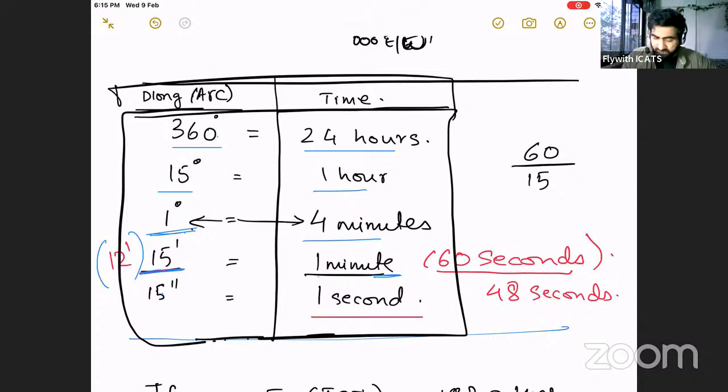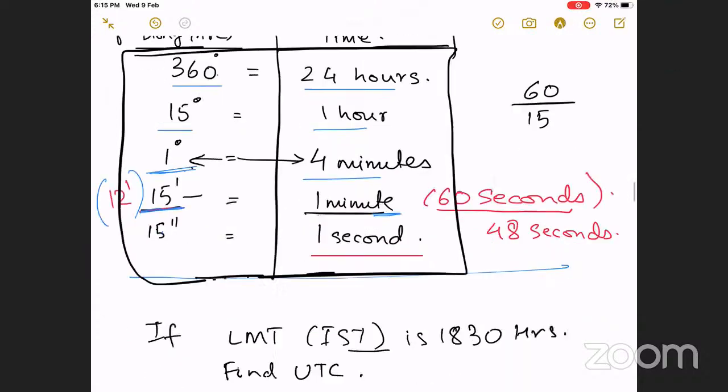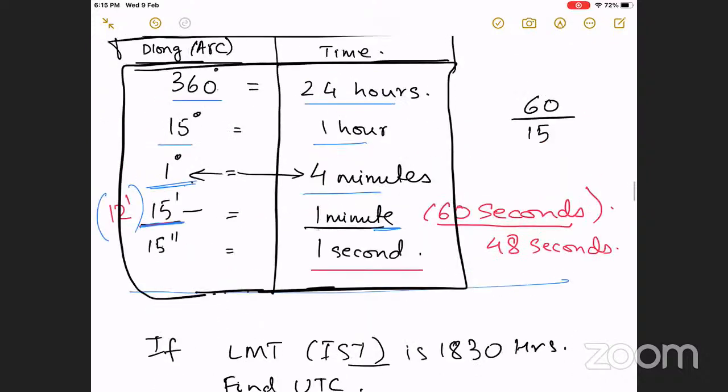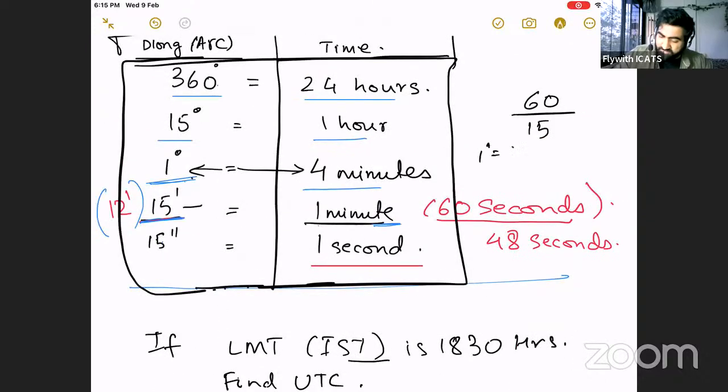And then I have 50. So what is this actually, students? Again, 1 degree is equal to 60 minutes, and 60 minutes of arc is equal to 4 minutes of time. This is arc, this is time.